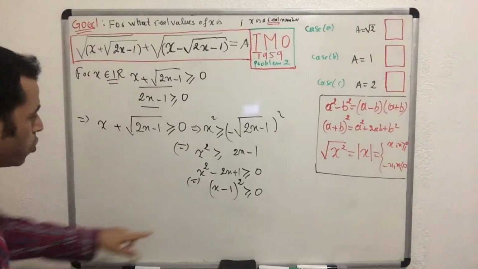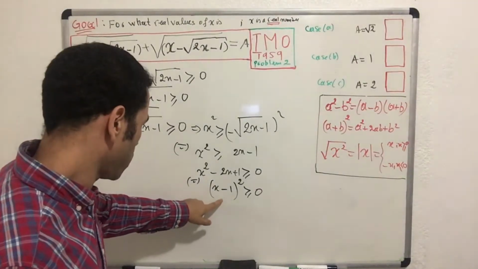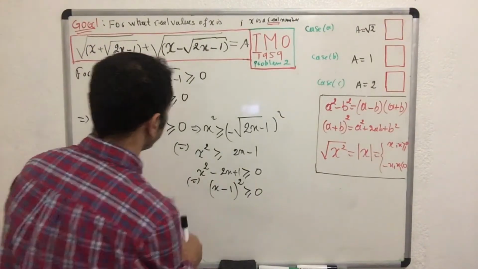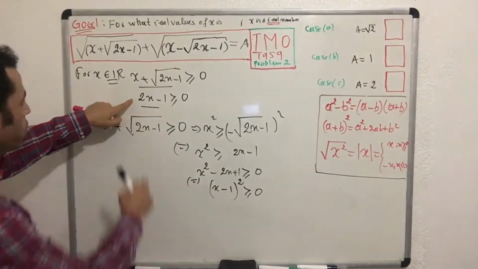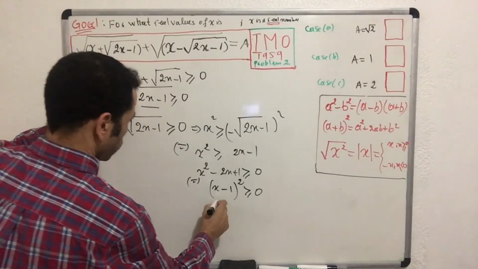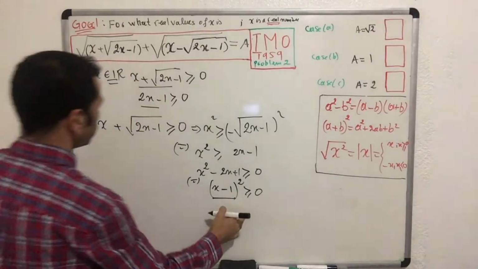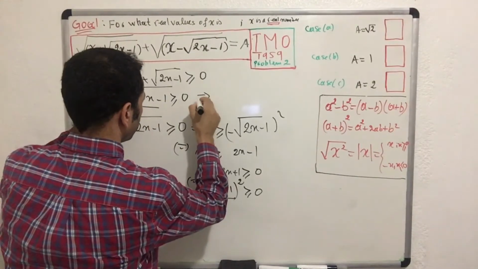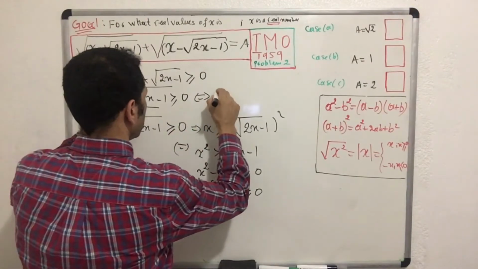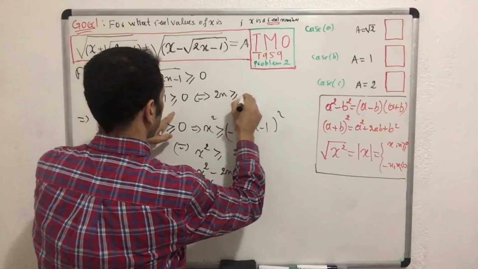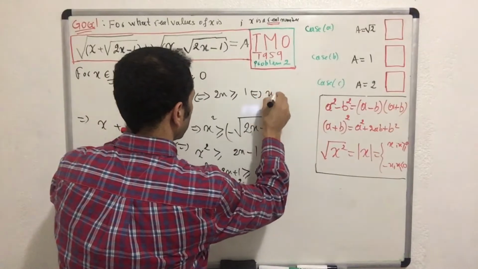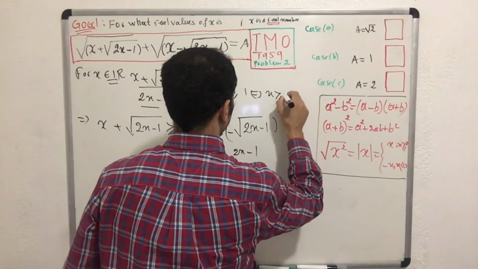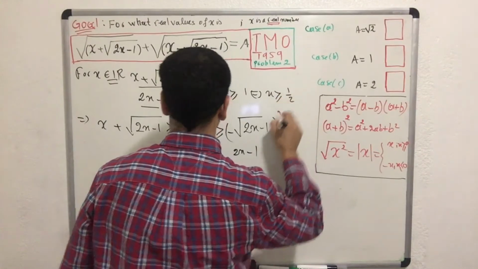So we don't have to worry about the sign of x for this case, but we still have another condition here. This one is a positive number, so we have to worry about this one now. So this one is equivalent to x superior or equal 1 over 2. That means x holds this inequality, x superior or equal 1 over 2.